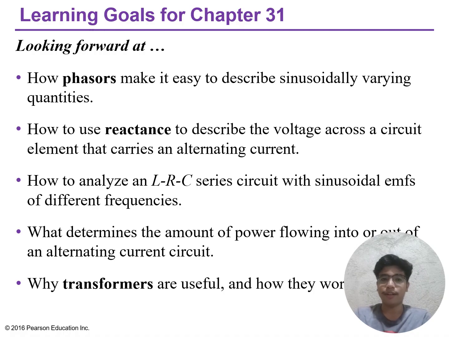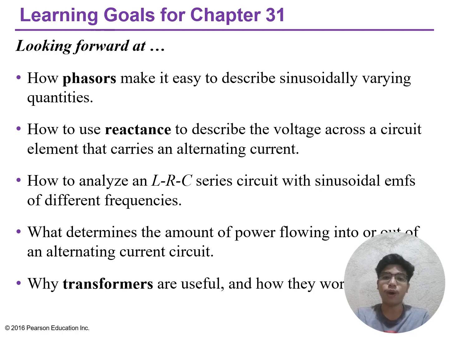Before we proceed to our main discussion, let us first know the learning goals for this chapter. First, how phasors make it easy to describe sinusoidally varying quantities. Second, how to use reactance to describe the voltage across a circuit element that carries an alternating current.